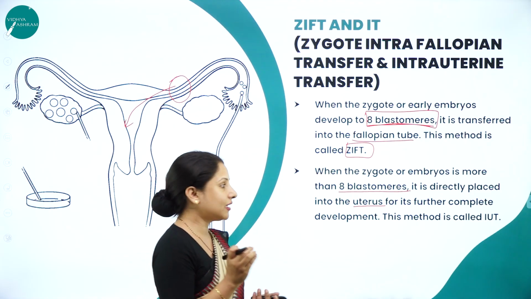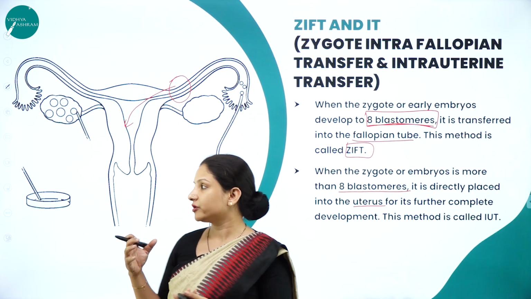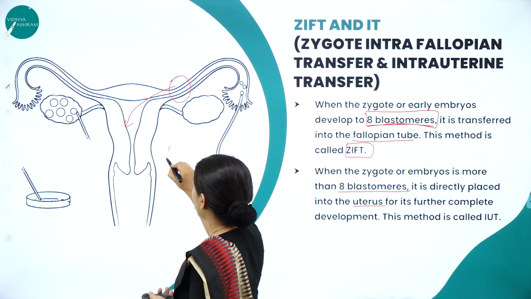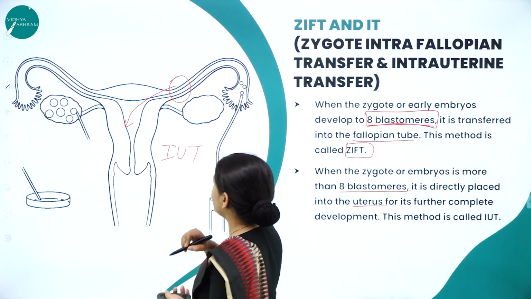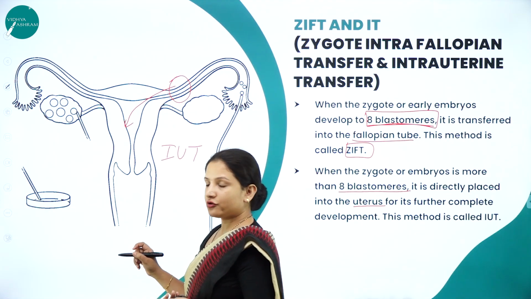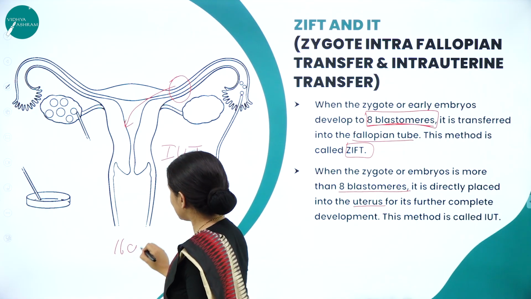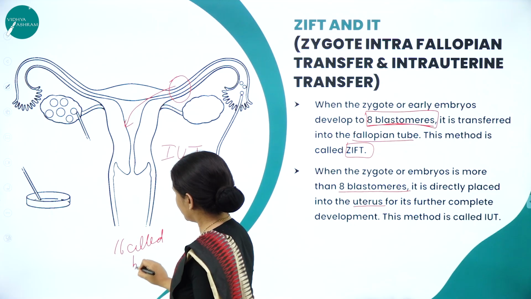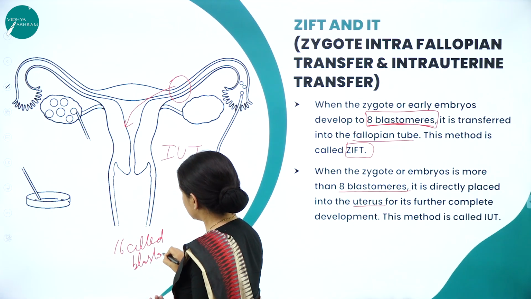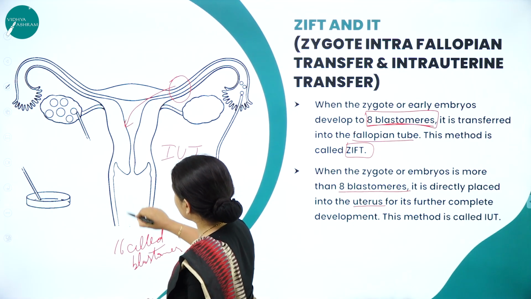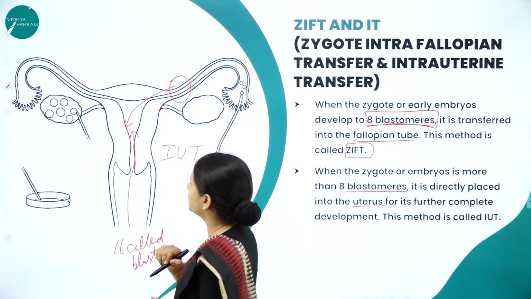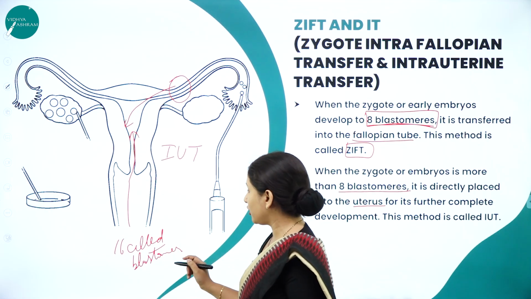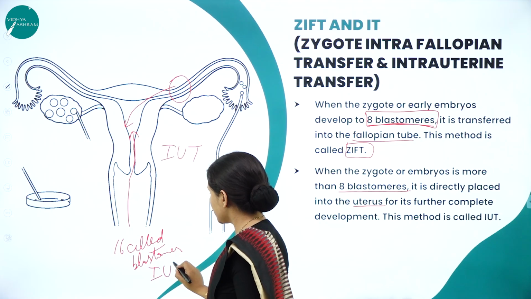In that condition, it will be directly put into the uterus. That is called IUT, intrauterine transfer. In intrauterine transfer, the 16-cell blastomere is put directly into the uterus.